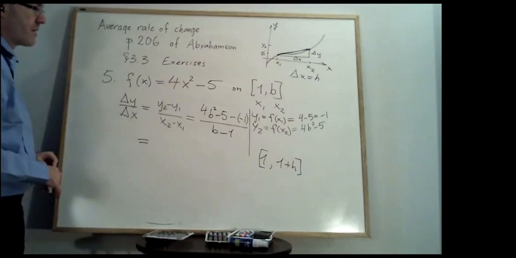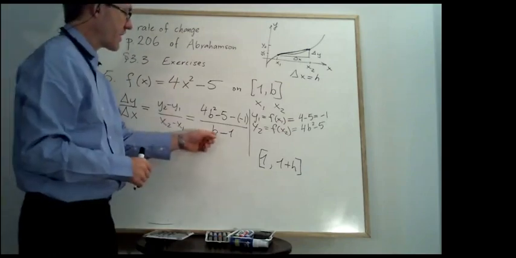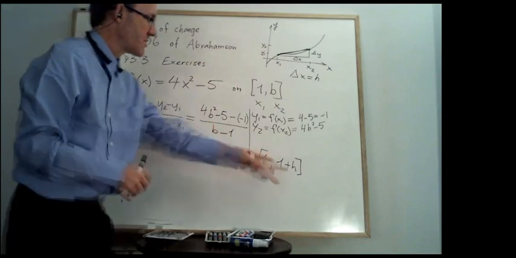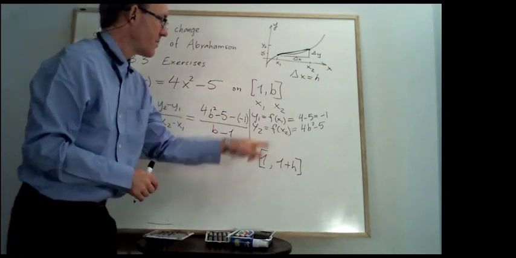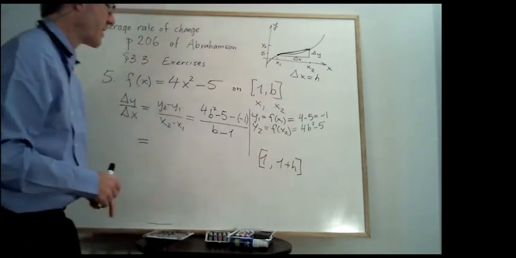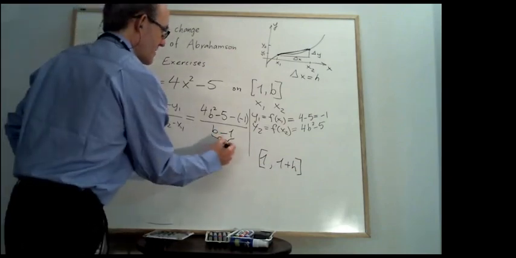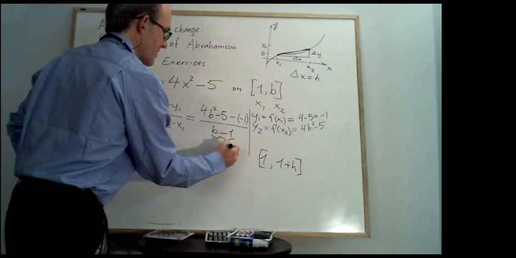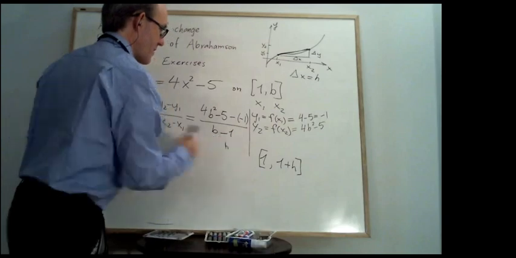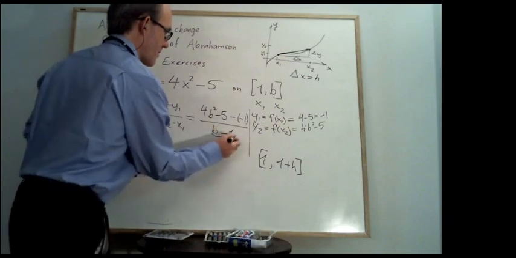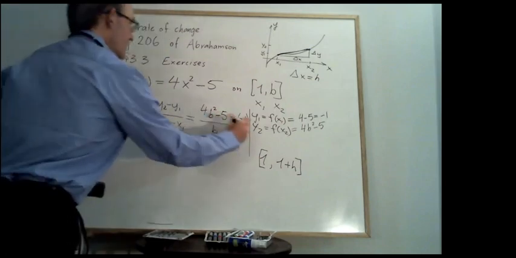Okay, so I can look for the cancellation here too, because this is only different because you're replacing b by 1 plus h. So 1 plus h, b minus 1 is just h. So let's see, what do I get?